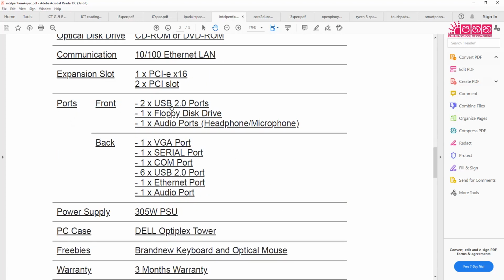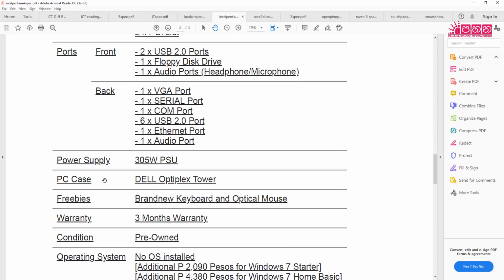Ports in the front, you have a USB port and then 2 USB 2 ports and then 1 floppy drive and 1 audio port for headphone or microphone. Backside, 1 VGA port, 1 serial port, 1 COM port and 6 USB 2 ports and 1 Ethernet port. That means RJ45 port or network port, and 1 audio port. And then the power supplies.